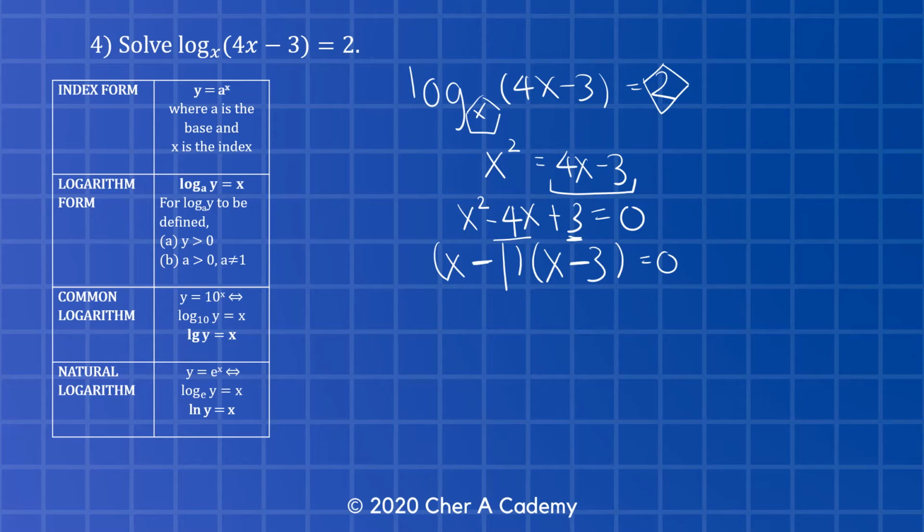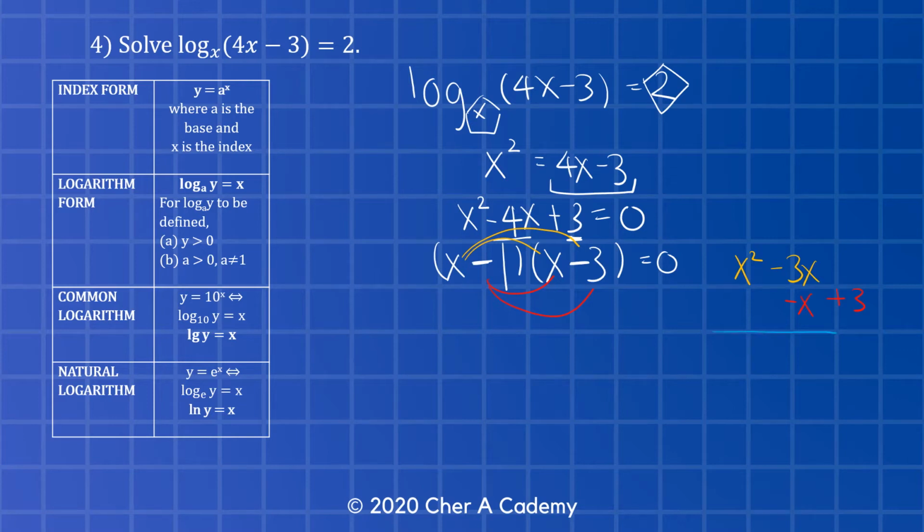So usually after I factorize my quadratic equation, I will do a quick check. So x times x gives me x squared. x times negative 3 gives me negative 3x. Negative 1 times x gives me negative x. Negative 1 times negative 3 gives me positive 3.